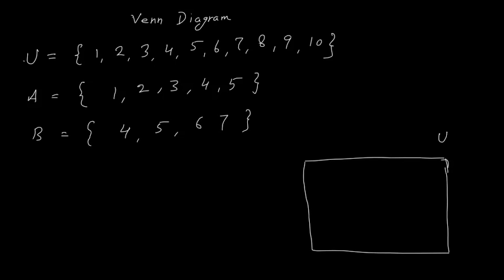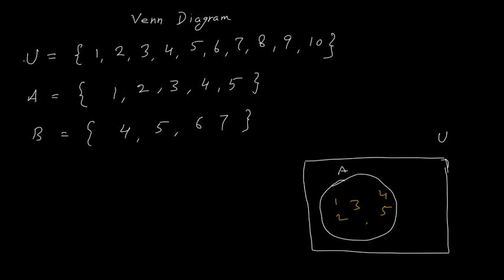Now universal set contains elements 1 to 10, in which elements 1 to 5 are also present in set A. So set A will be represented inside this universal set. This is set A, and this set A will contain elements 1, 2, 3, 4 and 5.